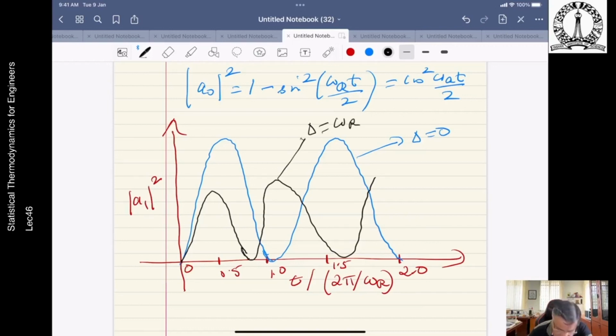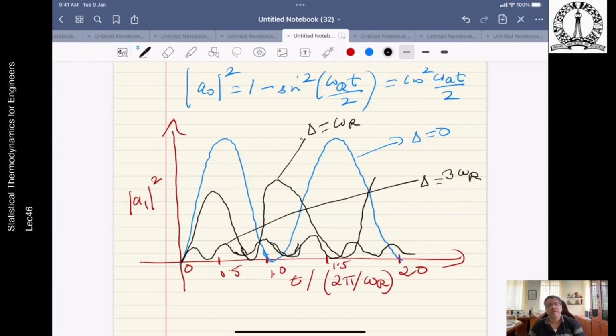And then an even larger detuning frequency, with delta equal to 3 omega r. So this is the plot.